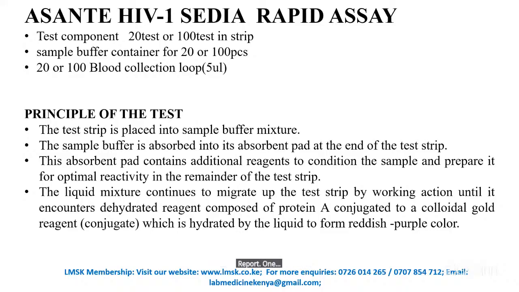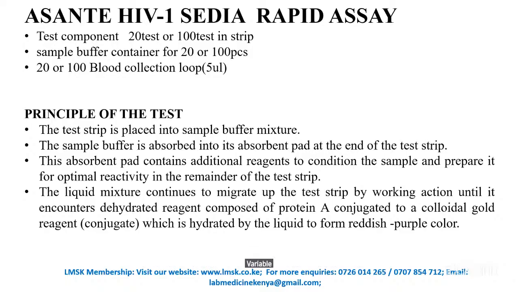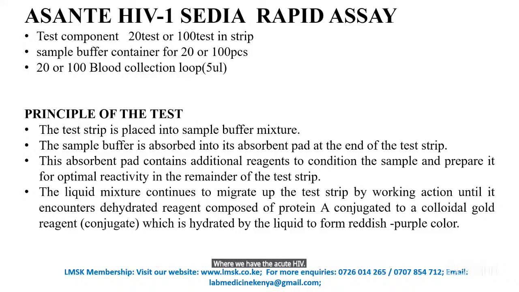One area is variable immune responses in individuals, like the figure we saw about the recency phenomenon, where we have the acute HIV with a peak of high P24 antigen and high HIV RNA with a lower antibody.